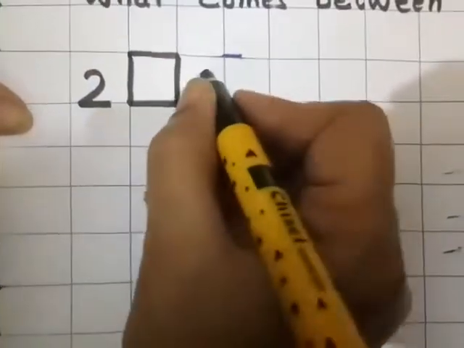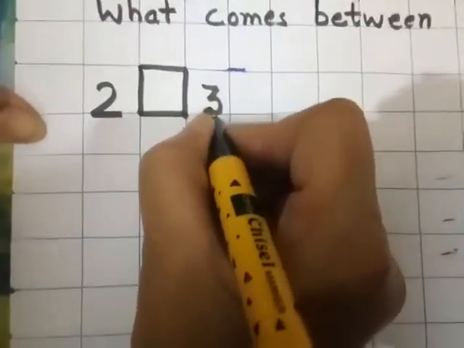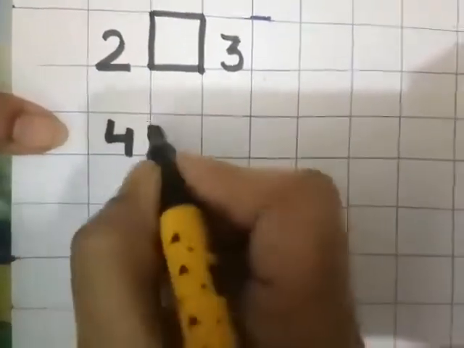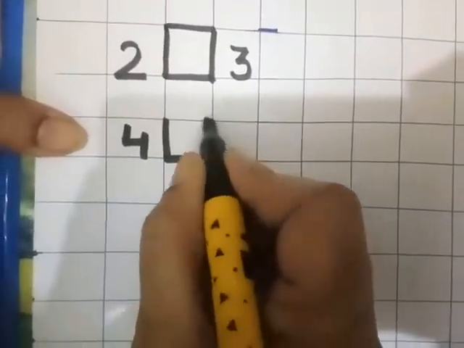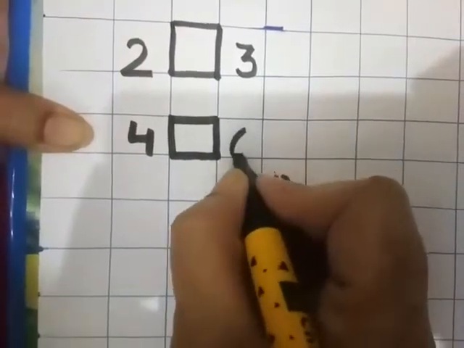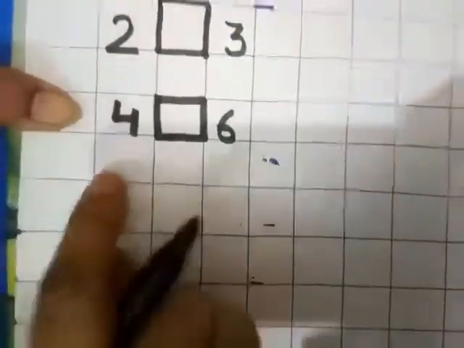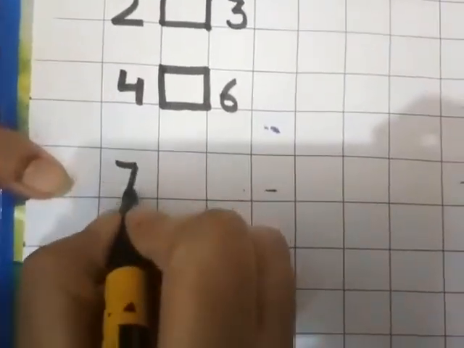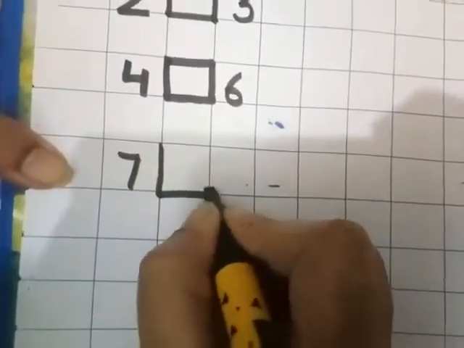And then we will write here 3. We will leave one box. Now we will write 4. We will draw one box. 6. Again we will leave one box. We will write here 7. We will draw one box.